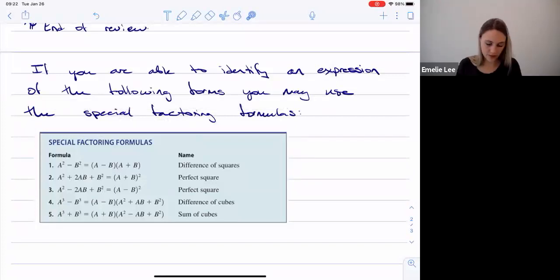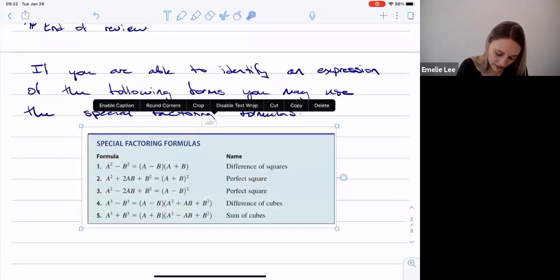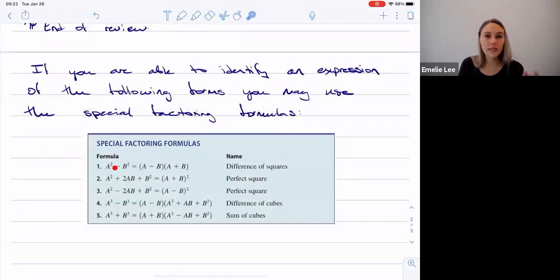So what I mean by that is if you recognize something as a squared minus b squared, or you can rewrite it as something like a squared minus b squared, you can factor that as a minus b times a plus b, right? Same thing if you recognize something as a squared plus 2ab plus b squared, you can factor that as a plus b squared, right?